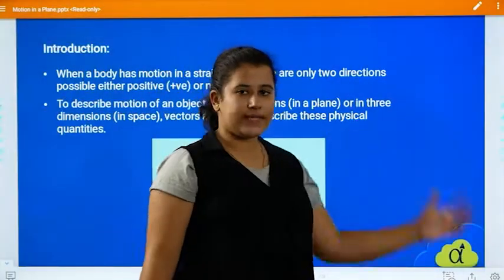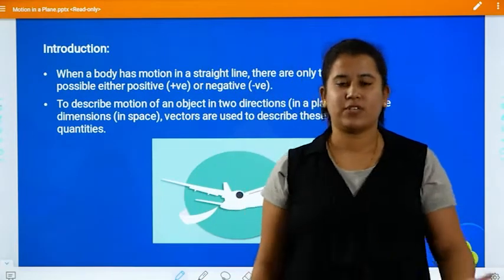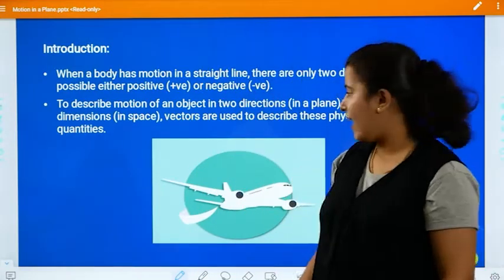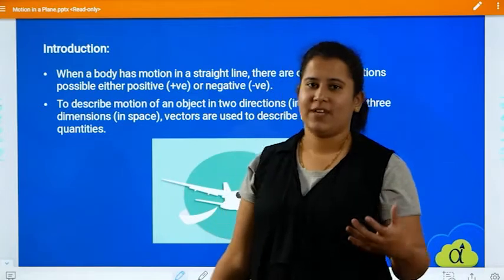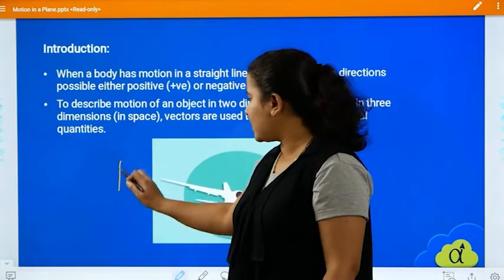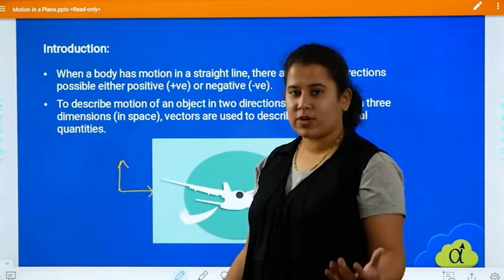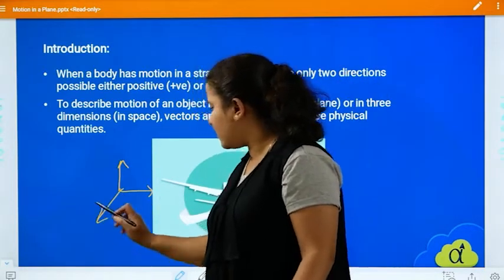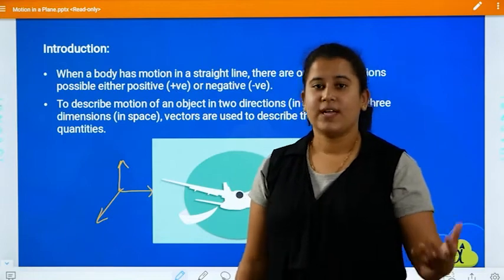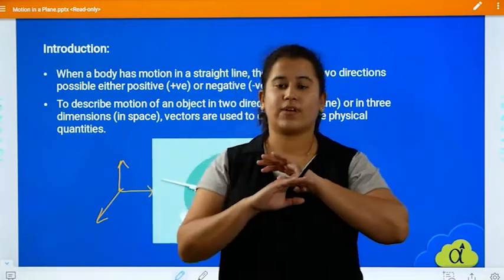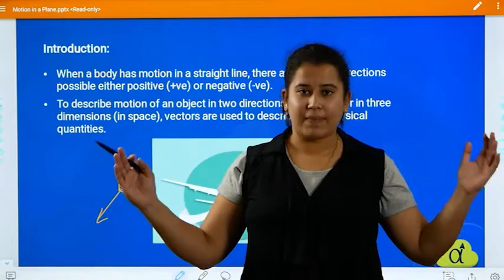Clear? Then we have an airplane which is moving in space, and there you have x, y and z directions because it moves at a certain height, and it is moving through the x direction and also through the z direction, because space is a huge plane, right?